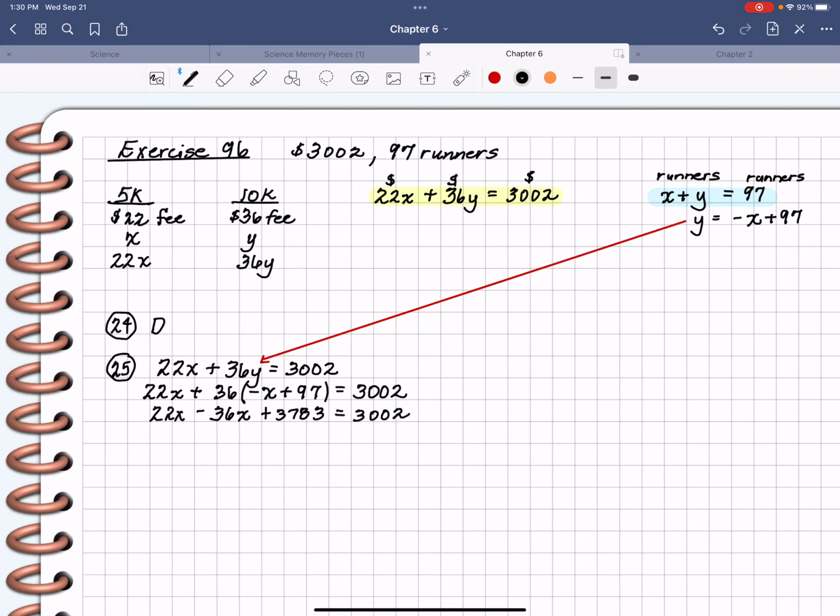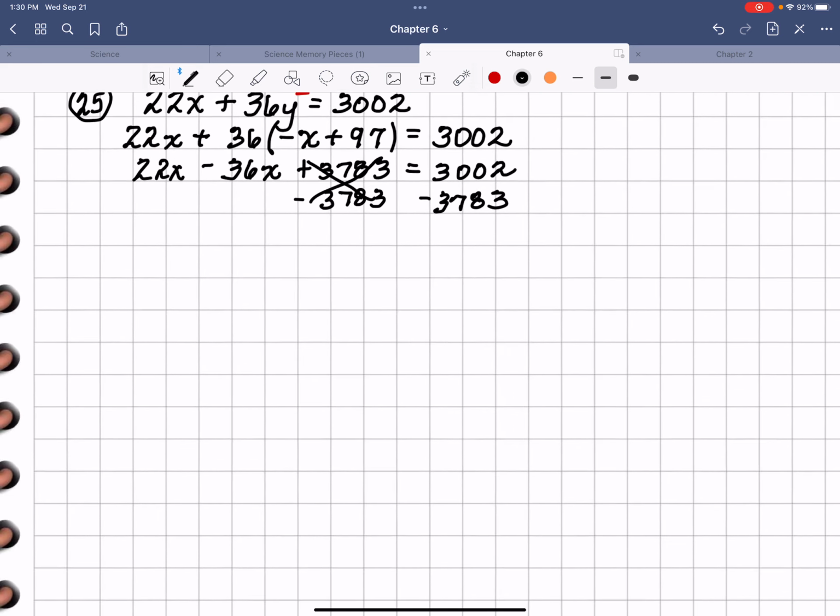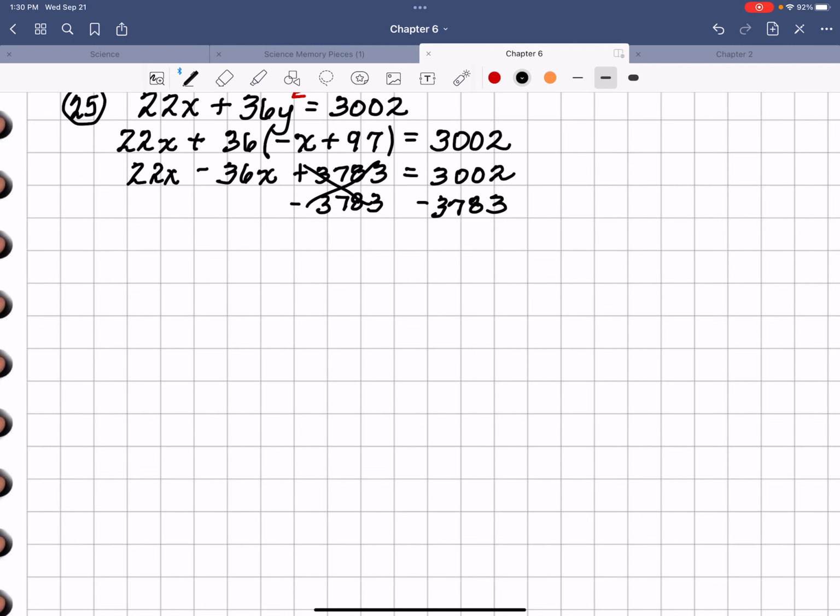Okay, so then I'm going to subtract the 3783. It looks funny, but it's going to work out. You can trust your algebra if you're doing it correctly. So 3002 minus 3783, that's negative 781.